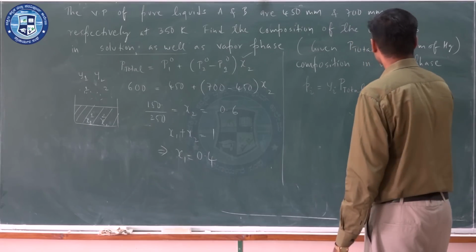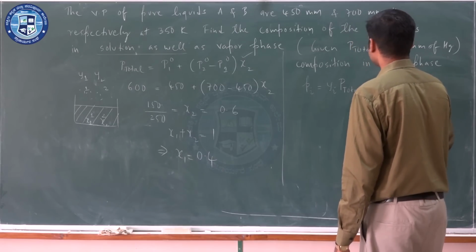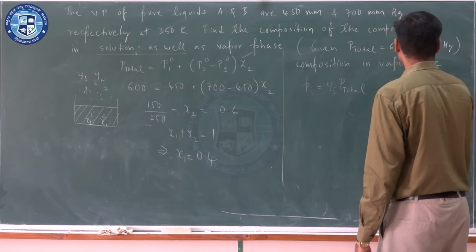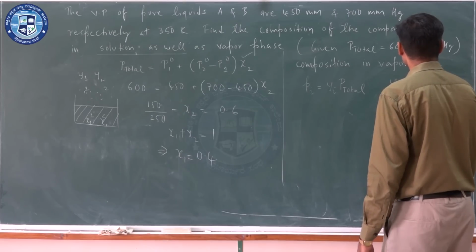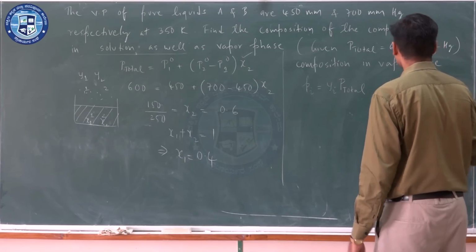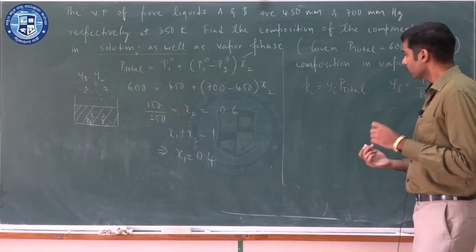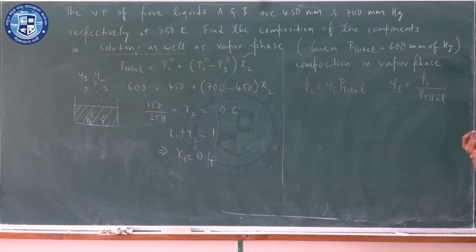Therefore, I will be able to find the mole fraction of any component in the vapor phase as the partial pressure of the component divided by P total. So, you have to apply these formulae to get the mole fraction in the vapor phase.